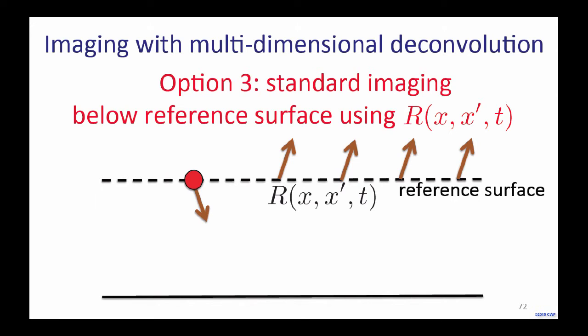I have stripped away the imprint of a complicated overburden. Now I can do standard imaging below. I can do Kirchhoff migration, reverse time migration. It doesn't really matter anymore, because now you've taken away the complicated overburden. So that's the other way in which you could use this for imaging.